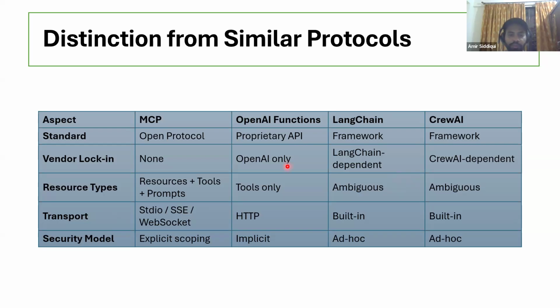For OpenAI, you can use HTTP to connect, and LangChain and CrewAI have their own built-in functionality to connect. And for the security model, you can define your security explicitly. OpenAI functions have their own security standard, and LangChain and CrewAI have ad hoc security.